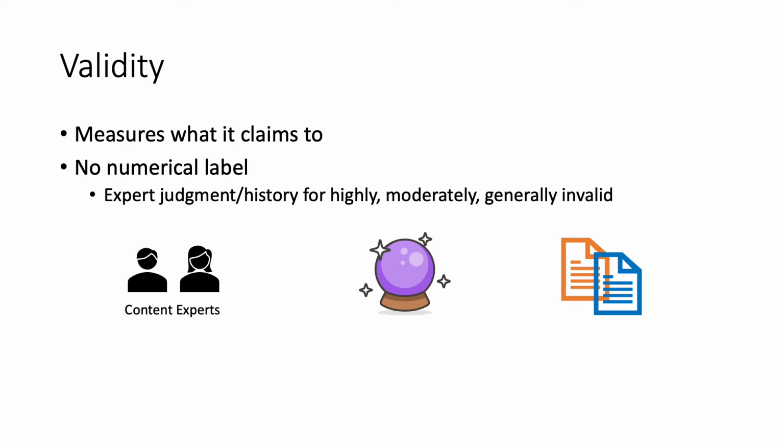So what we do is we use a valid concurrent situation or a valid proxy. And in this case, in a lot of research that you'll see, we use the number of students who get a free or reduced cost lunch at school.